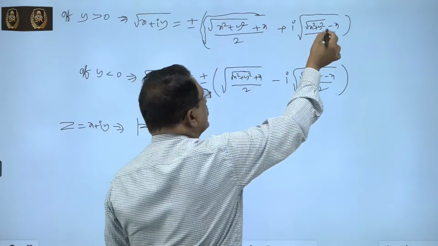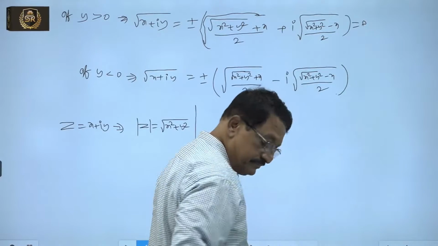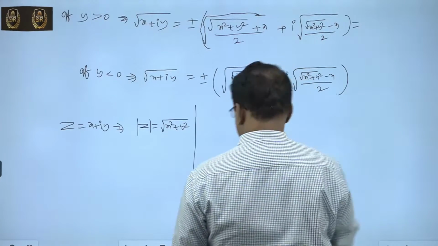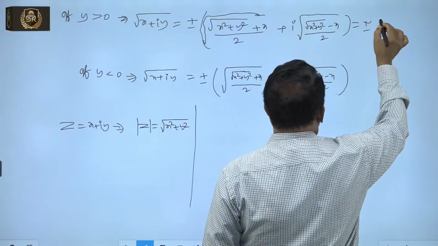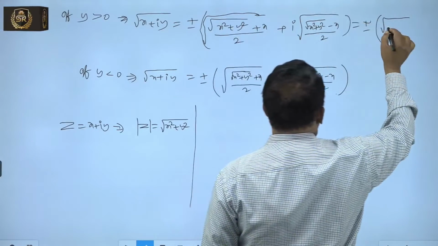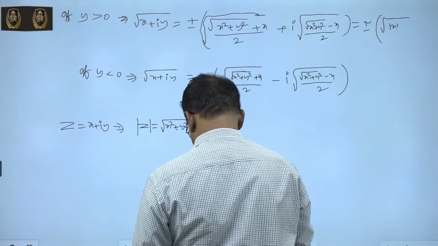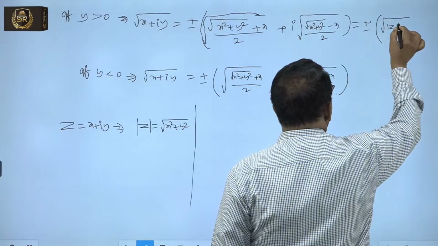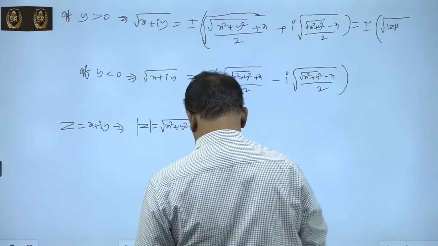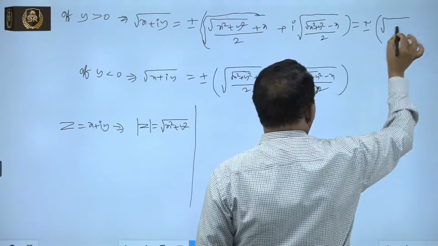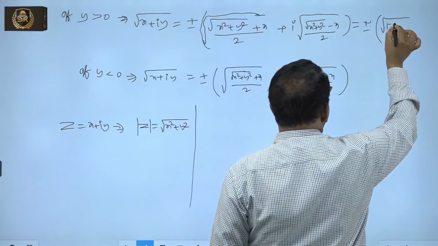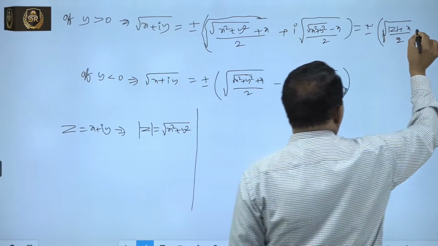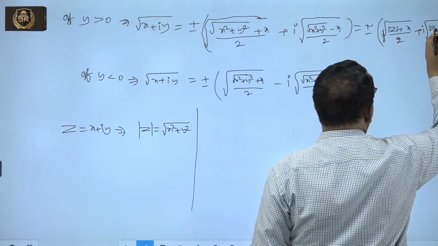Now it can also be written as plus or minus square root of (mod z plus x) by 2 plus i into square root of (mod z minus x) by 2.